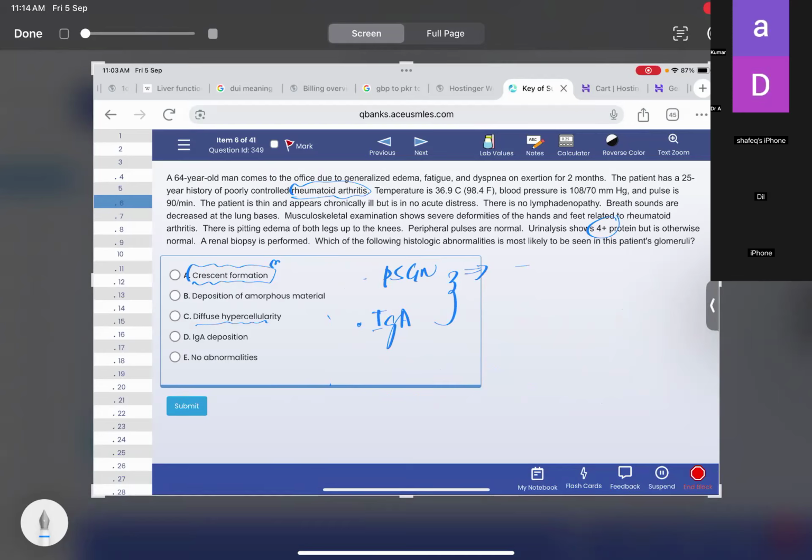This is the first point. But you will have to differentiate based on the time. The first one will be in weeks, 2, 3, 4 weeks after infection, you will have post-streptococcal glomerulonephritis.